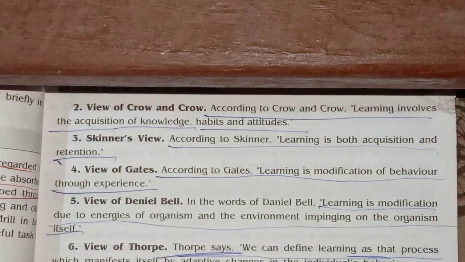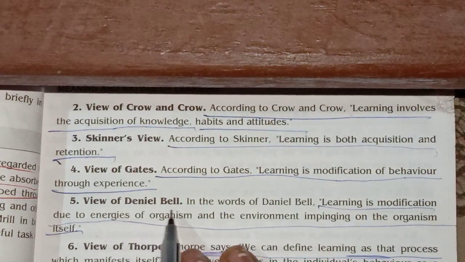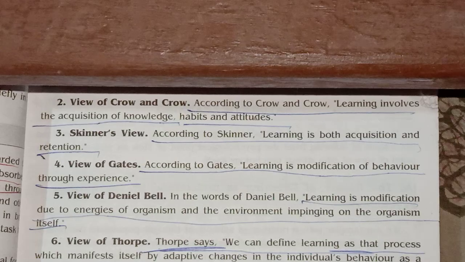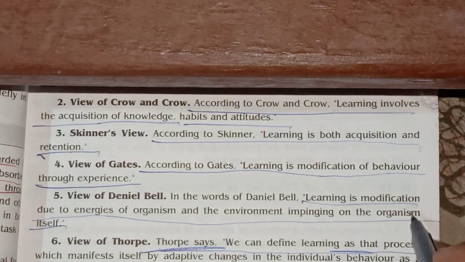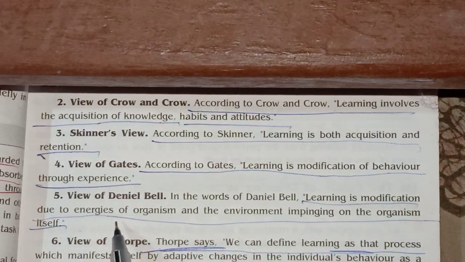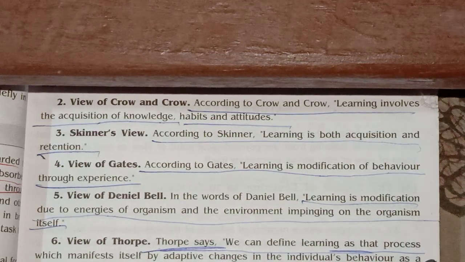Okay, so then the view of Daniel Bell. Daniel Bell said learning is modification due to energies of the organism and the environment impinging on the organism itself. Daniel Bell dragged the environment into the learning process.